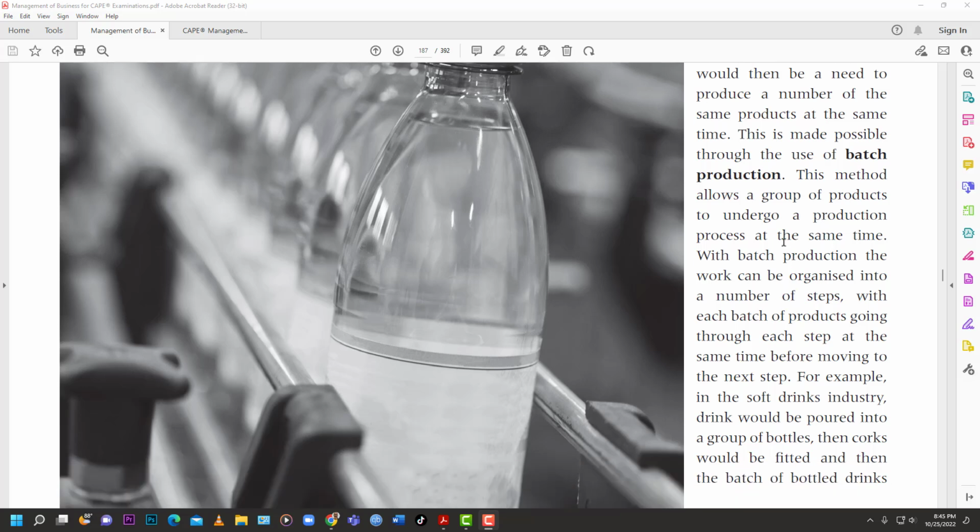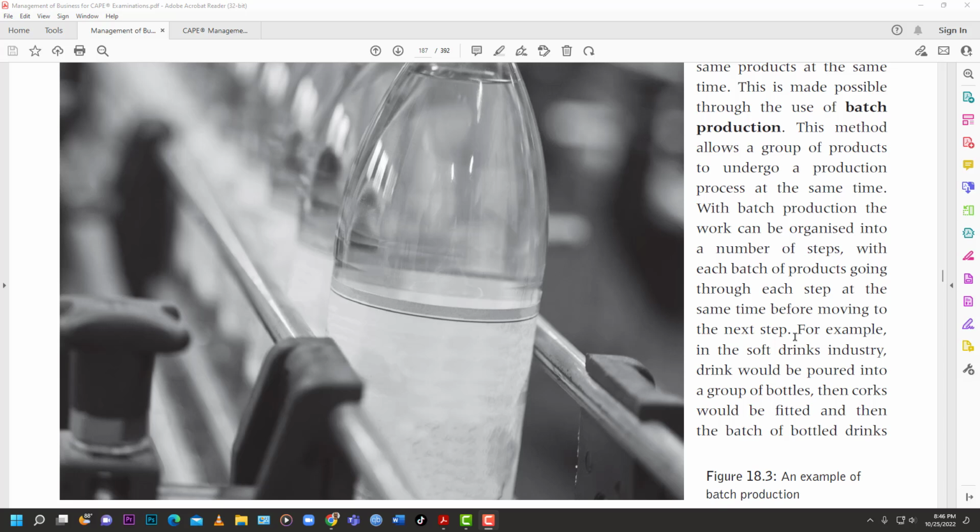This method allows a group of products to undergo a production process at the same time, right? With batch production, the work can be organized into a number of steps, with each batch of products going through each step at the same time before moving to the next step. For example, in the soft drink industry, drinks will be poured into a group of bottles, then corks will be fitted, and then the batch of drinks.